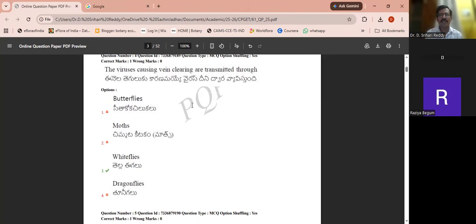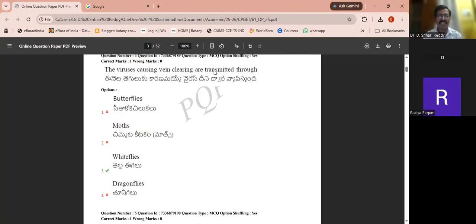Okay, so here you see which virus is responsible for that. So this disease is caused by a virus that is called as vein clearing virus. How is it transmitted? Because virus usually they require one medium. So if you read the topic, that is transmission of viruses.